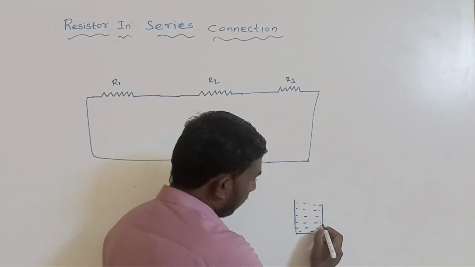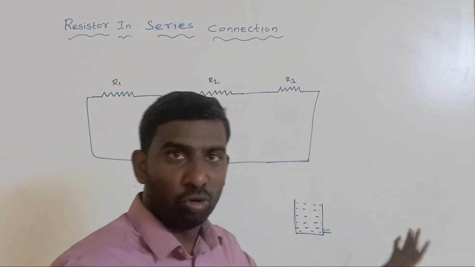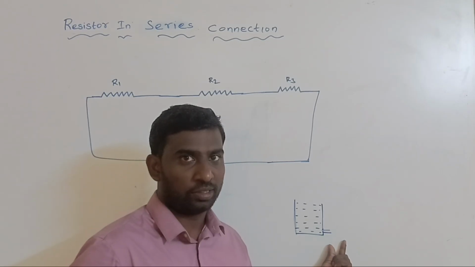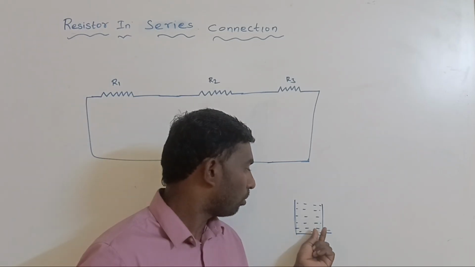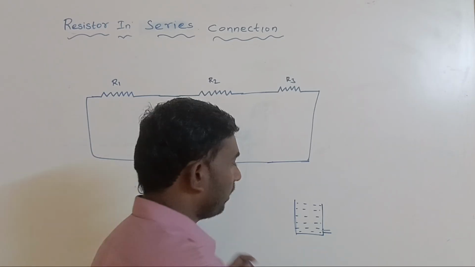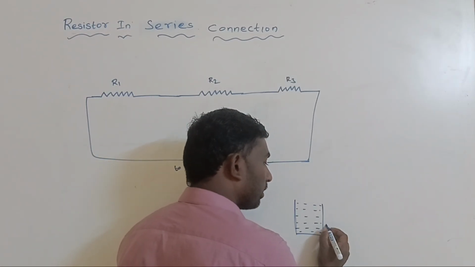Suppose a big pipe is there, it releases more water. This pipe is the resistor, and it allows only a small amount of water. Consider that is a 1 inch pipe.